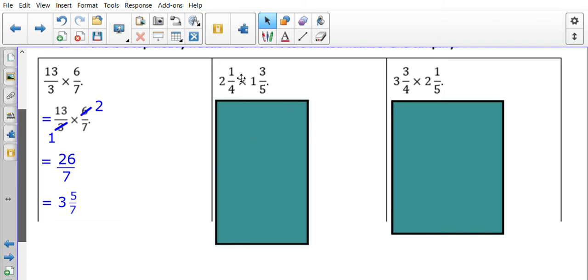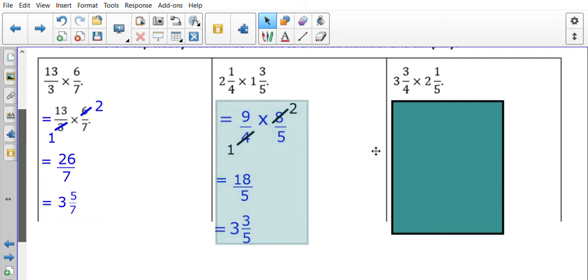Second example, you'll notice we have mixed numbers. So changing them to improper fractions first, you should have had 9 over 4 times 8 over 5. Then simplify diagonally, which in this instance you can with the 4 and the 8, they are both divisible by 4. So 4 divided by 4 is 1, 8 divided by 4 is 2.